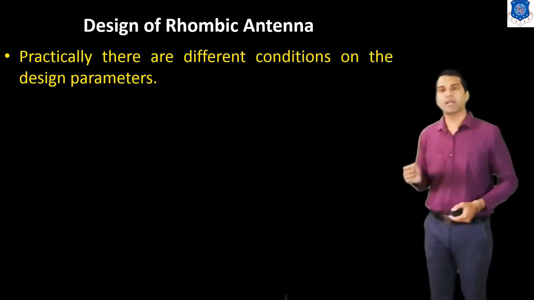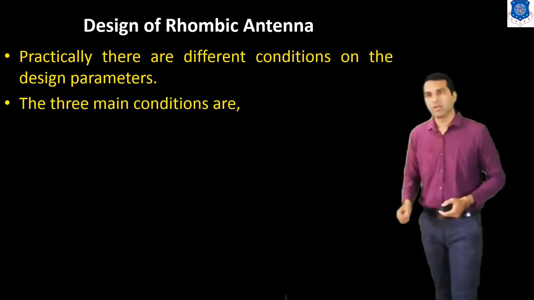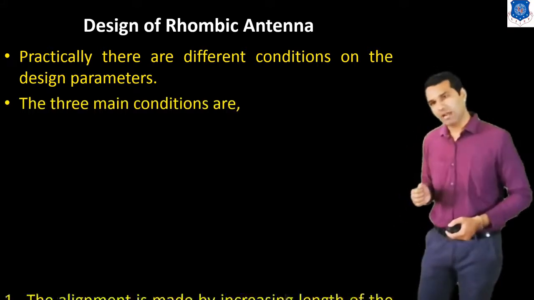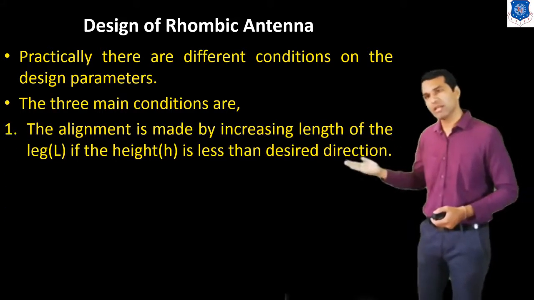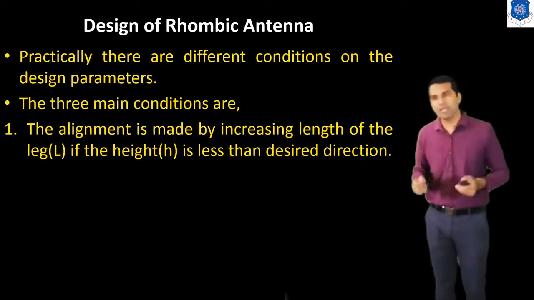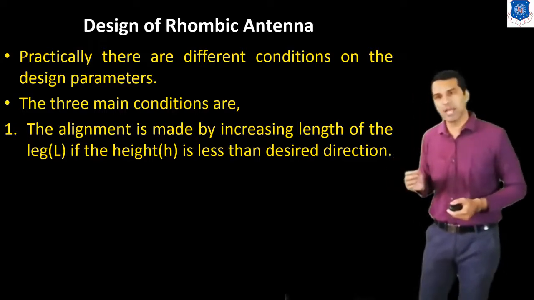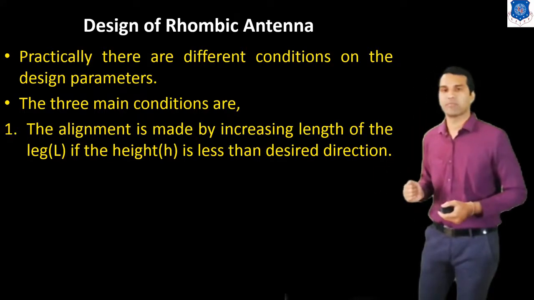Practically, there are different conditions on the design parameters. The three main conditions are: the first condition is that the alignment is made by increasing the length L if the height is less than desired for the direction.